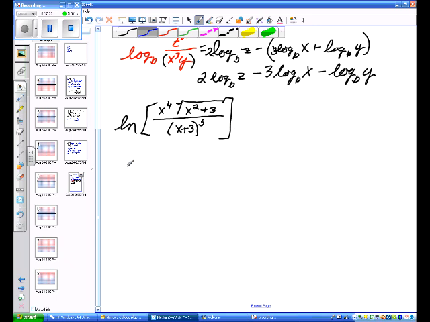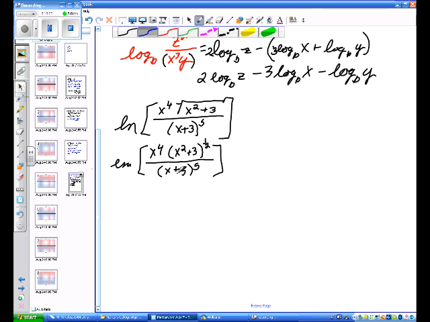Now you may want to rewrite this to begin with as the natural log of x to the fourth times x squared plus 3 to the 1/2. You don't have to, because you can recognize that taking the square root's the same as raising to the 1/2 power. But we do have to deal with our fractional exponents.